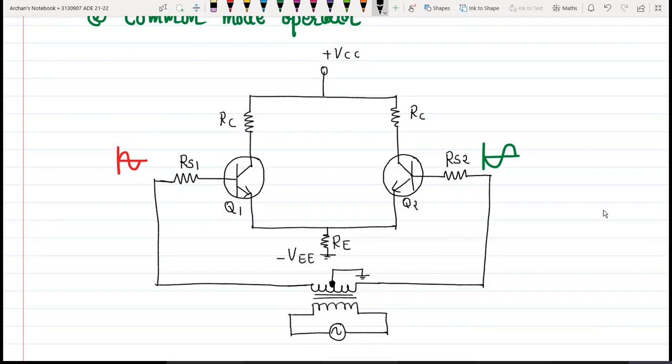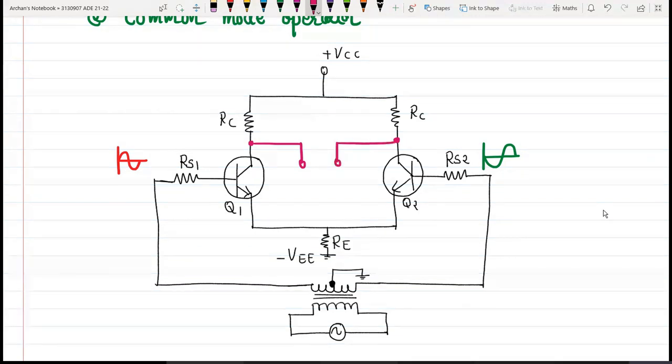Remember, what do we mean by differential mode operation? The two inputs are the same in magnitude, but they are out of phase by 180 degrees. And now we are going to measure some output voltage over here, between these two collector terminals.